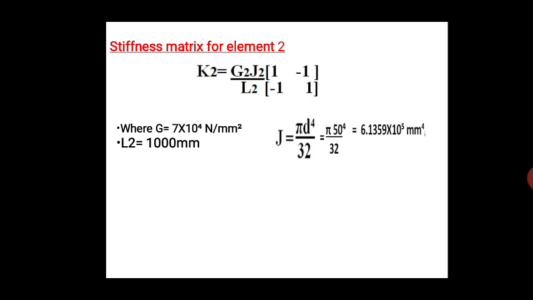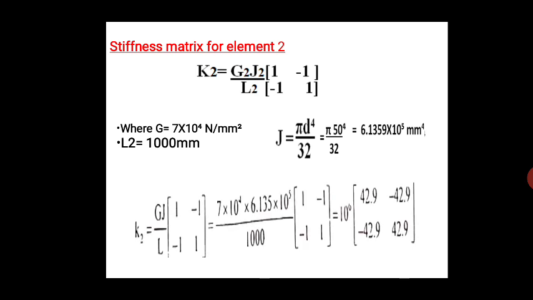Now the polar moment of inertia also is the same, that is pi d to the power of 4 divided by 32, that is 6.1359 into 10 raised to 5 mm to the power of 4. Now substituting these values in the stiffness equation, we have K2 is equal to 7 into 10 raised to 4 into 6.135 into 10 raised to 5 divided by 1000 into [1 -1; -1 1].